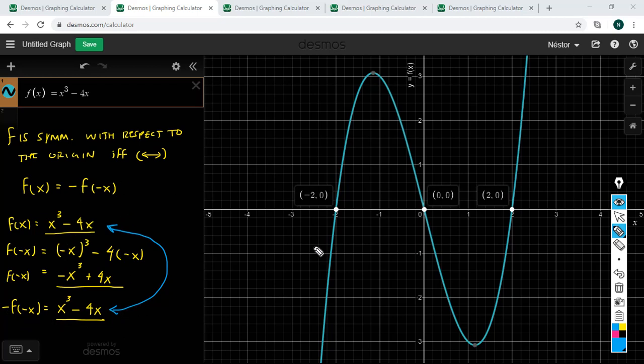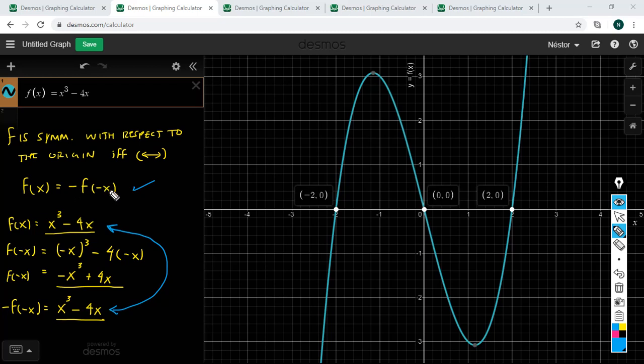So for this particular function, this test checks, and therefore we can affirm that this function is symmetrical with respect to the origin, because this test was confirmed. And that's how you do it analytically, guys.